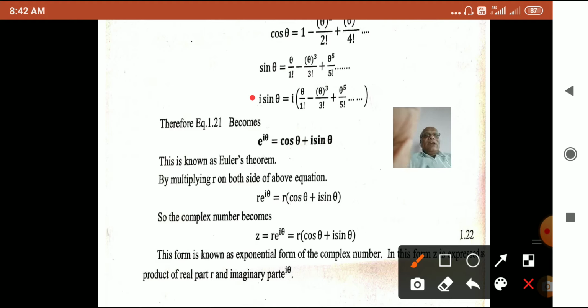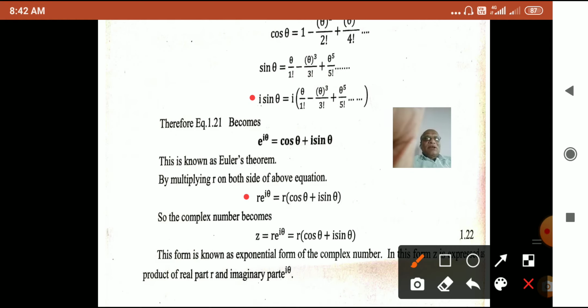Now when we add this, that is cos theta plus i sin theta, we get e raised to i theta, and this is known as Euler's formula. By multiplying on both sides by r, we get r e raised to i theta, which is equal to r into cos theta plus i sin theta.